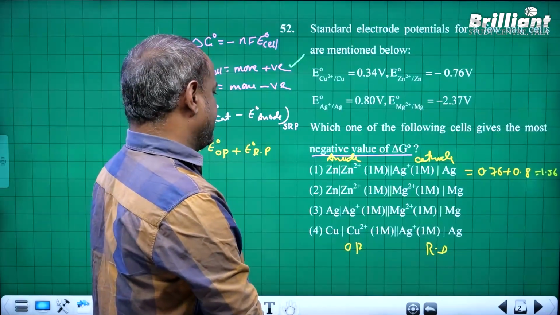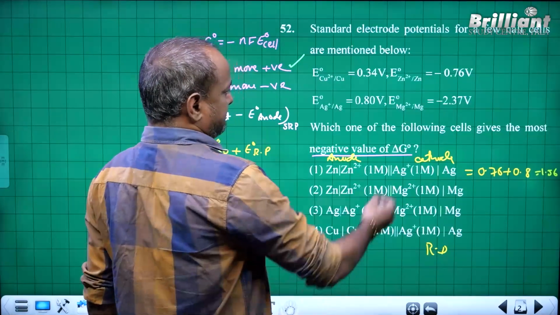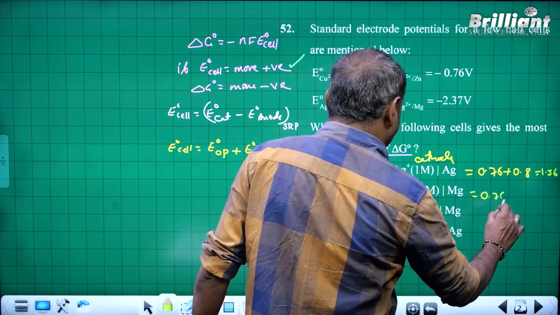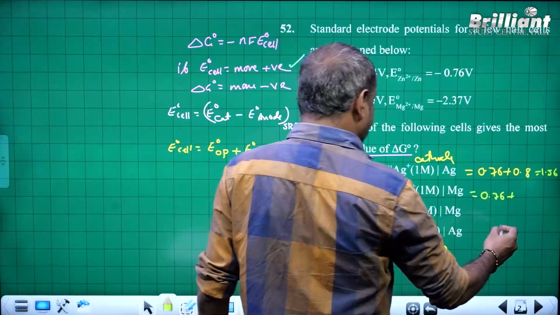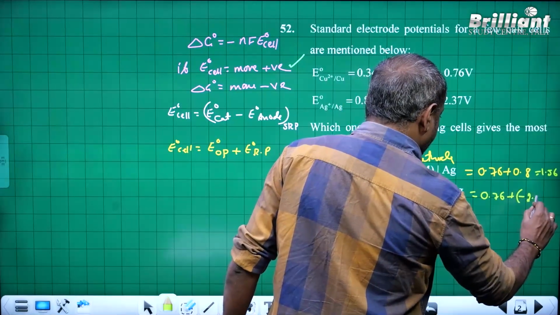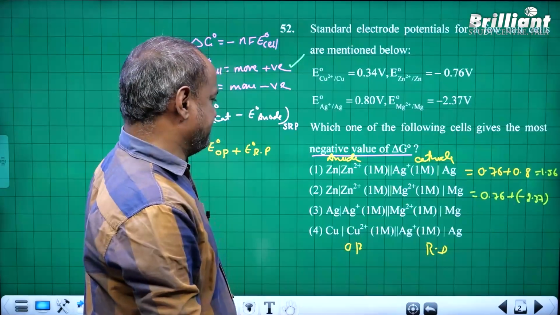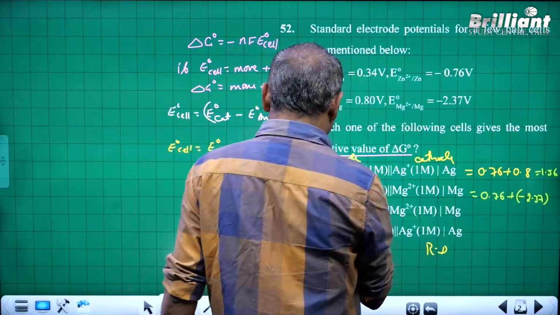Next value, Zn OP magnesium RP, 0.76 OP plus RP value minus 2.37. It gives negative sign, but we want positive sign, means this is non-spontaneous cell reaction. So we don't want this one.